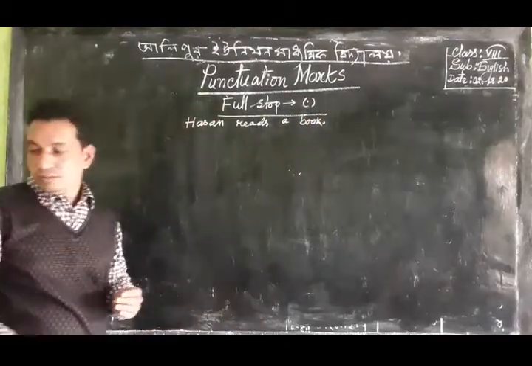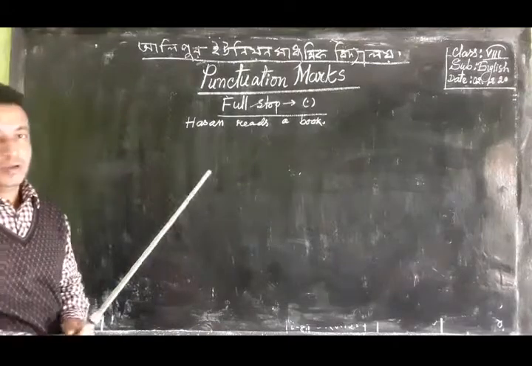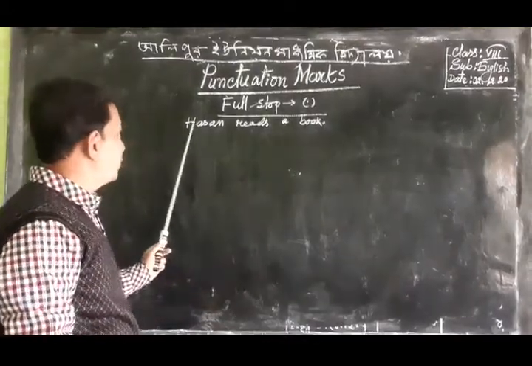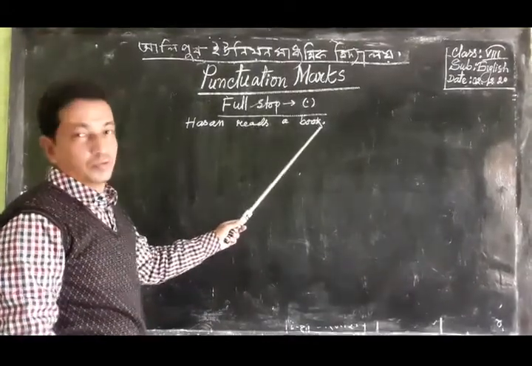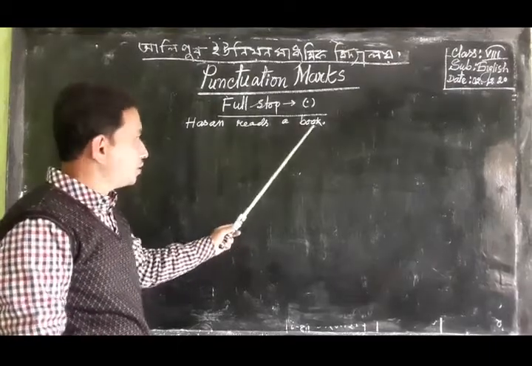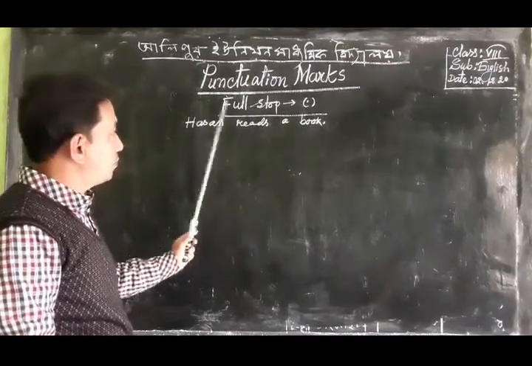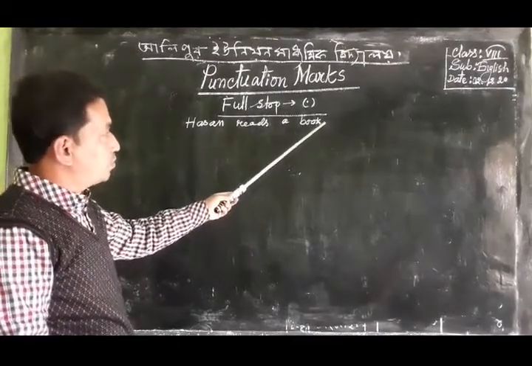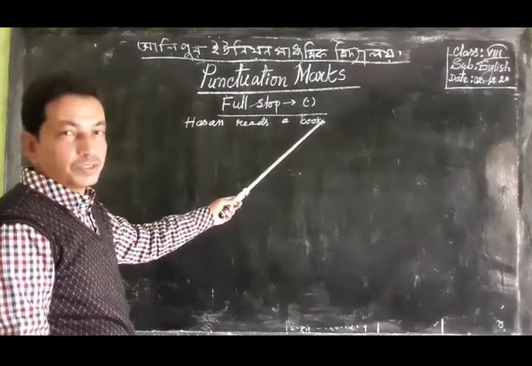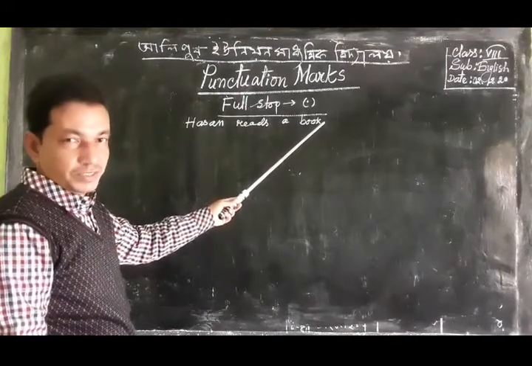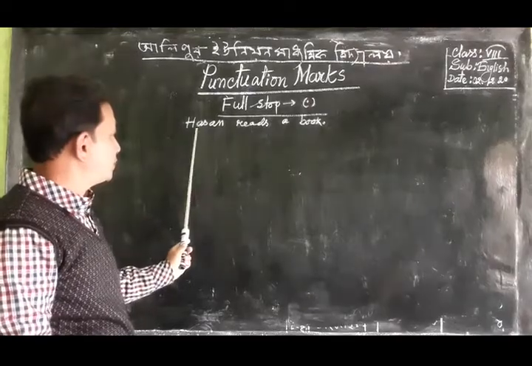Dear learners, let's have a look at the blackboard. I have written: Hassan reads a book. You have noticed that I put the punctuation mark full stop at the end of the sentence. And what kind of sentence is it?